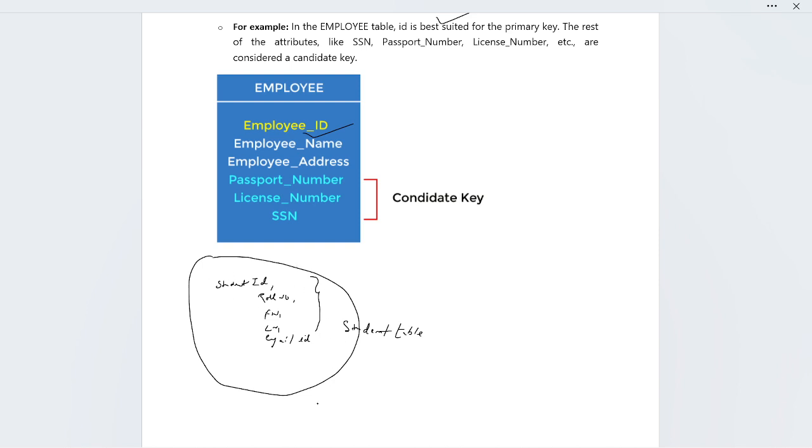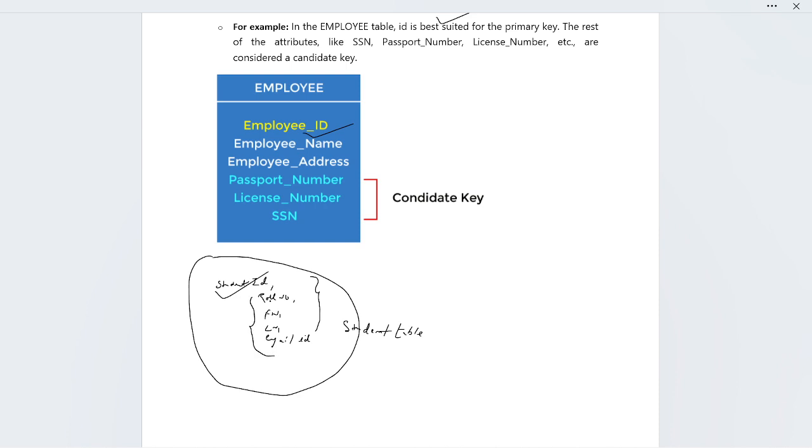Initially all of these are candidate keys, and the combination of these identifies the records, right? If we pick any one, like student ID, as a primary key, then among the candidate keys, student ID is the primary key and the rest are alternate keys.